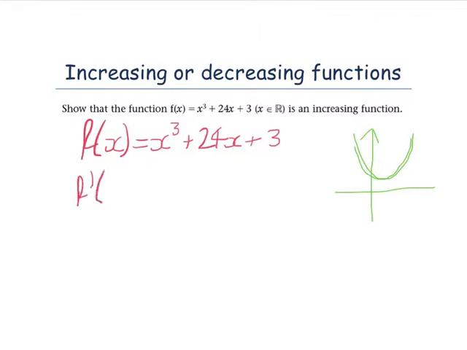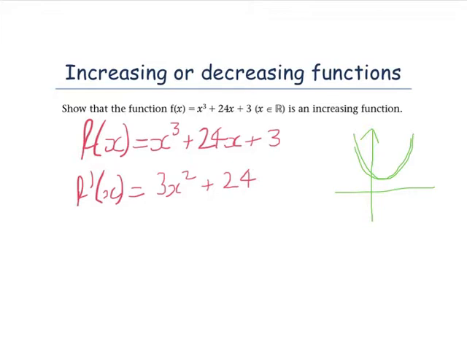So f dash x: remember to differentiate, you multiply by the power and then take one off the existing power. So 3x squared plus 24. Now if it's an increasing function, remember that means that all the gradients we get would be a positive solution.